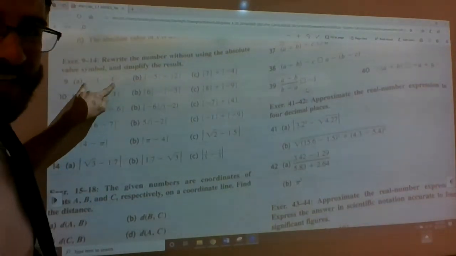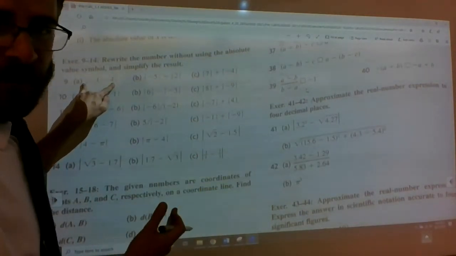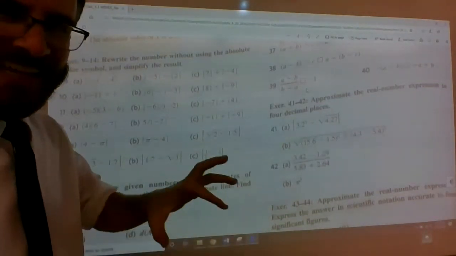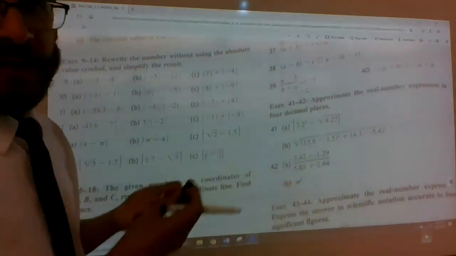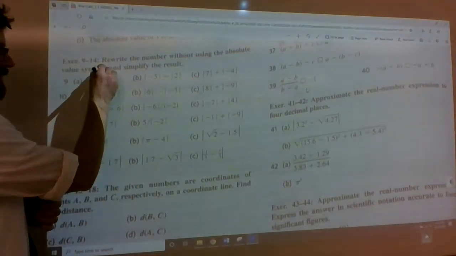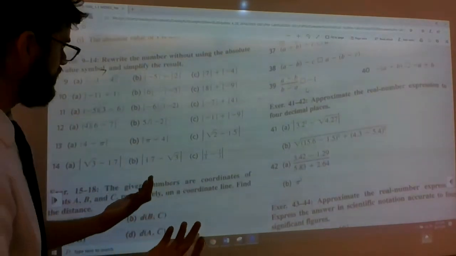That's pretty much negative 7 inside of the absolute value bars. The absolute value bars are basically saying whatever's inside, take the positive amount of it, and that's what you give as your final answer.